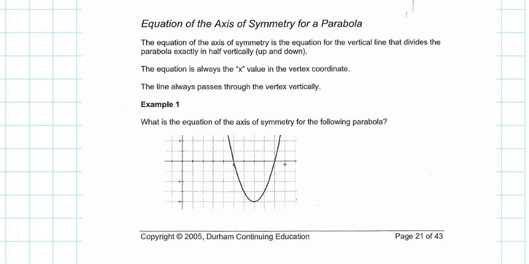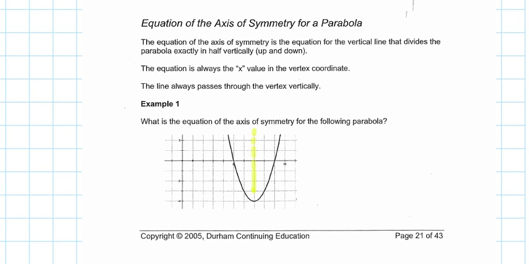So if I'm going to draw an axis of symmetry right here, it's an imaginary line. So I'm going to draw this line where it goes down like this, and it cuts it in half. It's going to pass through the vertex, okay? But you said that it passes through the value. Through what value did it pass through? Through 7, yeah? Because it passed through 7, it's an x value, yes?